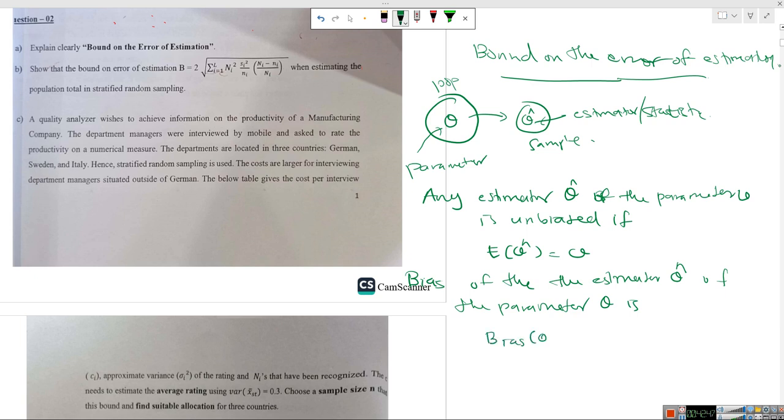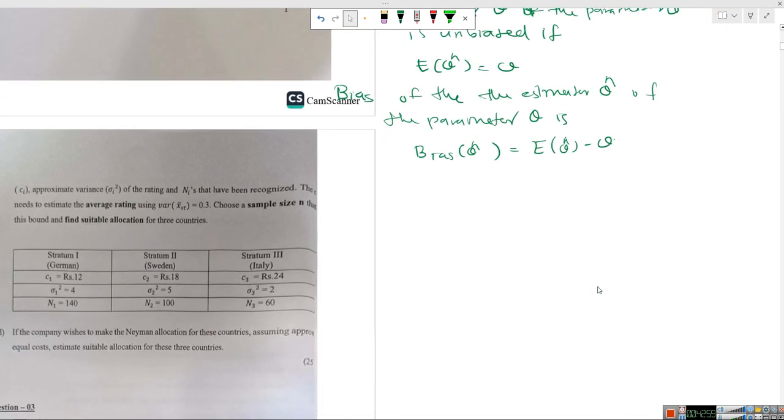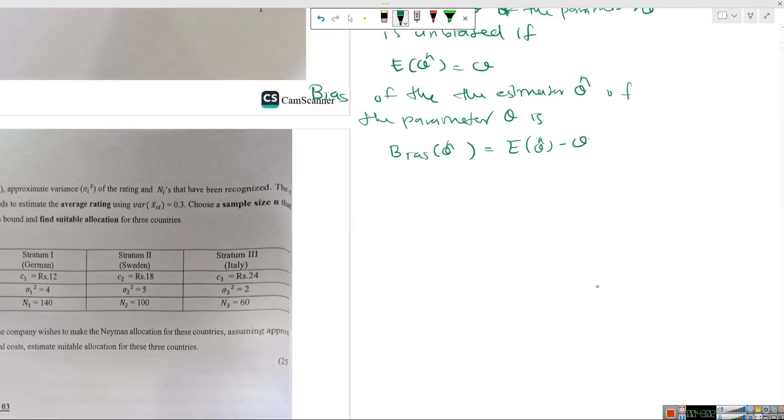Bias of theta hat is equal to the expected value of theta hat minus theta. Okay. Now mean square error of an estimated theta hat. Now we have to define the term mean square error, right? Mean square error of an unbiased estimator.